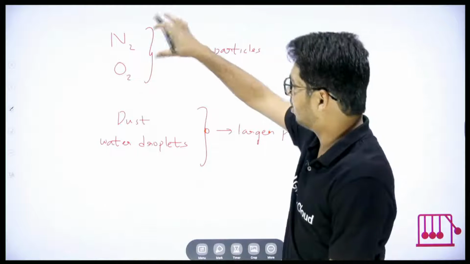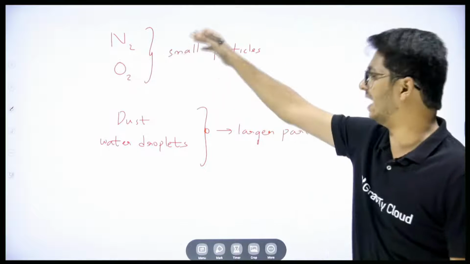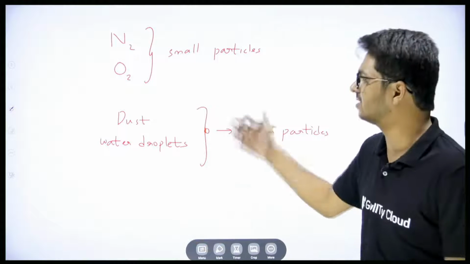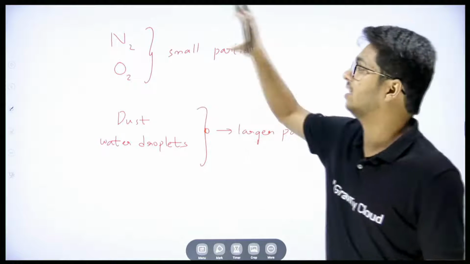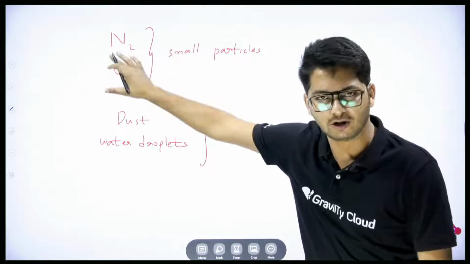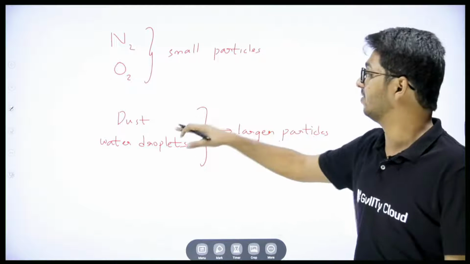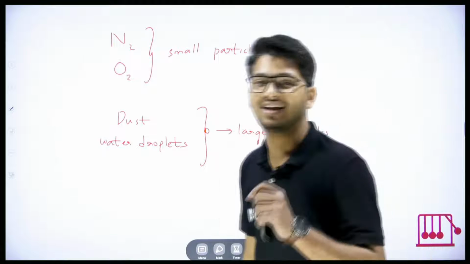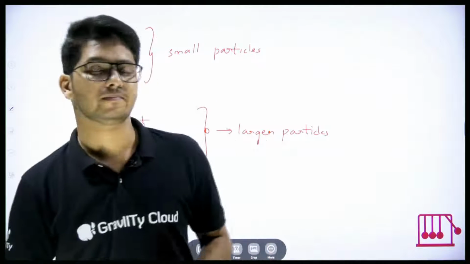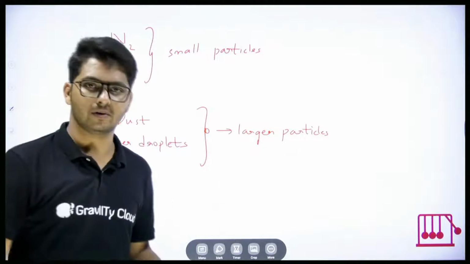But when you compare the molecules of nitrogen, oxygen and dust or water droplets, in that comparison, nitrogen and oxygen molecule size is considered as small particle for scattering, whereas dust is considered as a larger particle. Now this difference is very important for us.